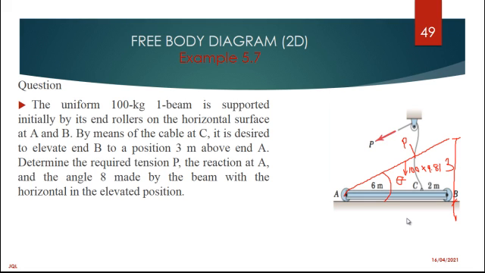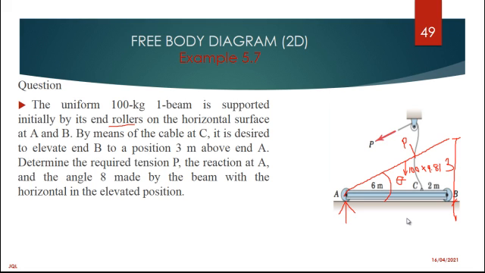What do we have at A? Is it a pin connection? Is it a roller? Here you have been told that these are rollers. So for rollers, we only need one support reaction.